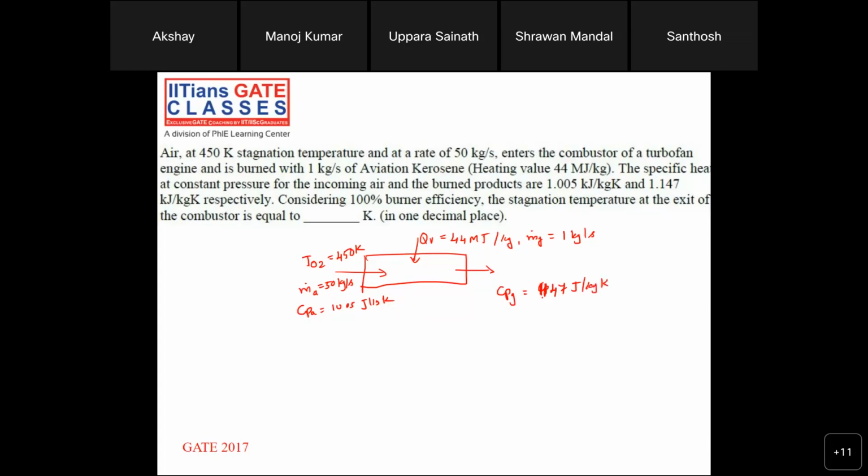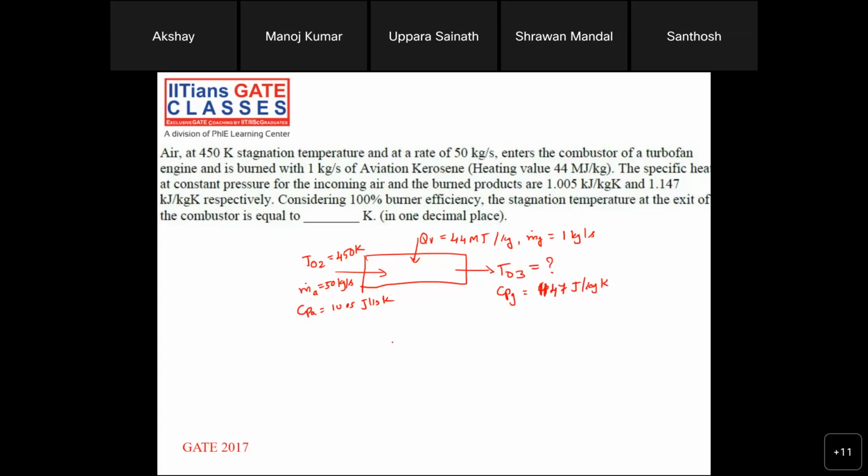So now all you have to do is calculate the temperature at the exit. Not exactly the temperature rise, but what is the temperature at the exit. T03 is equal to what? That's the question. So straightforward, right?